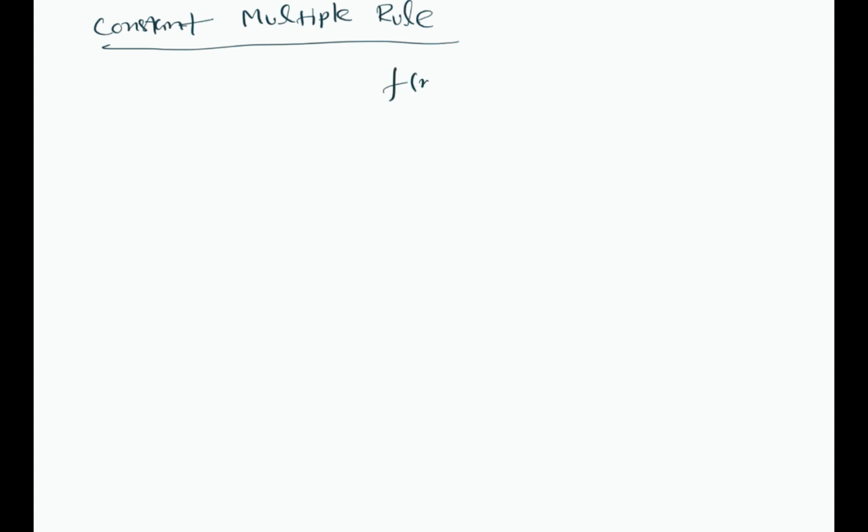Let's talk about the constant multiple rule. So the general format for this constant multiple rule: let's first write the general function. This would be f of x is equal to cy.